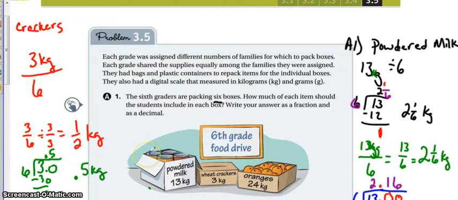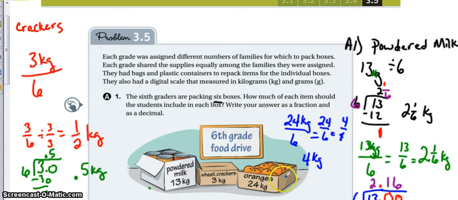All right, and we're going to follow a very similar thing for oranges. We have 24 kilograms of oranges. We're going to divide it by the 6 boxes, which would equal 24 over 6, which when we reduce both of those by 6, we get 4 over 1. So then we would have 4 kilograms of oranges.